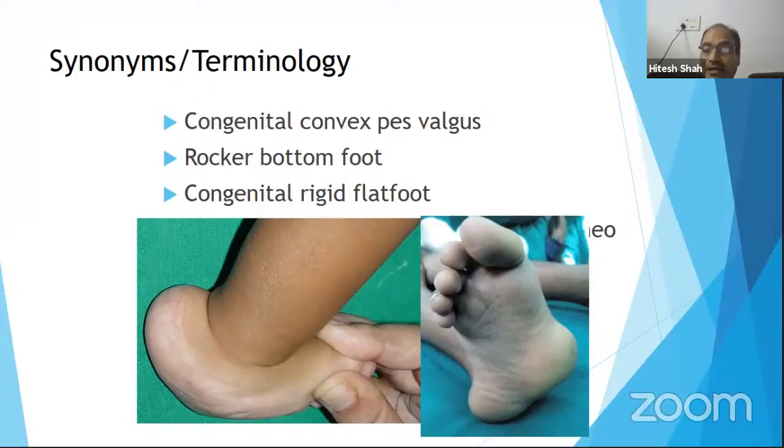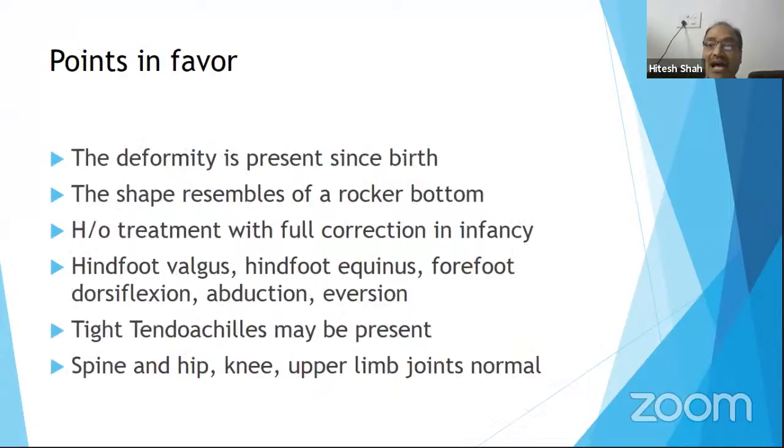Another question asked by most examiners: why do you think so in diagnosis? If the deformity is present since birth, that gives an idea about vertical talus, congenital in nature. The shape resembles a rocker bottom sole, and the typical deformity is hindfoot valgus and hindfoot equinus, with forefoot abduction, forefoot dorsiflexion, forefoot eversion, and a tight tendo Achilles. If the spine and the rest of the systemic examination are normal, you can take it as idiopathic in nature.